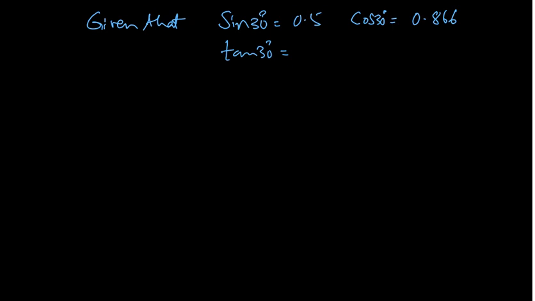Given that sine 30 equals 0.5, cos 30 equals 0.866, and tan 30 is, I will just give in fraction form, 1 over root 3, and secant 30 is 2 over root 3 because I don't exactly recall the decimal equivalents for this.